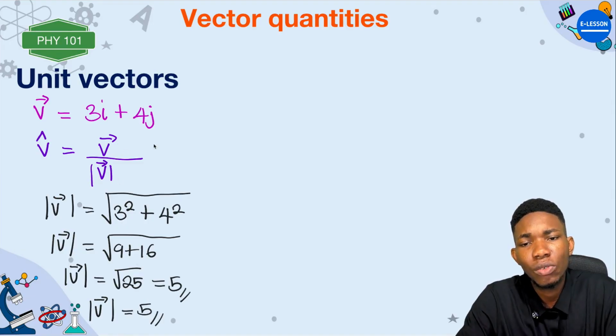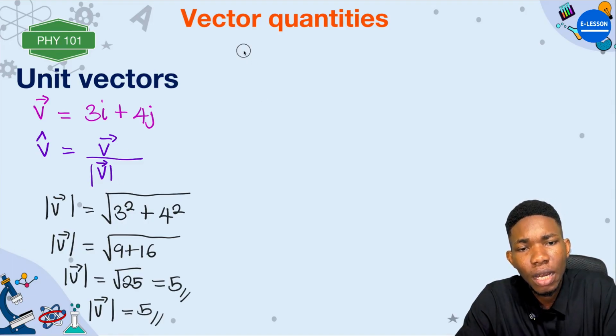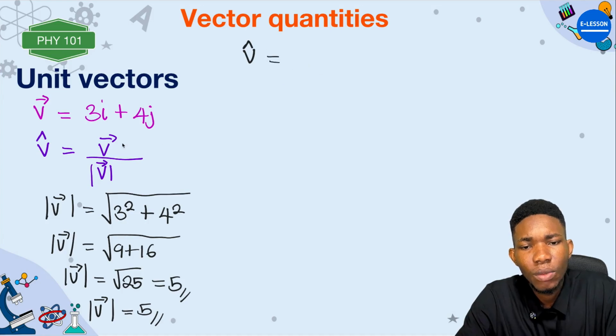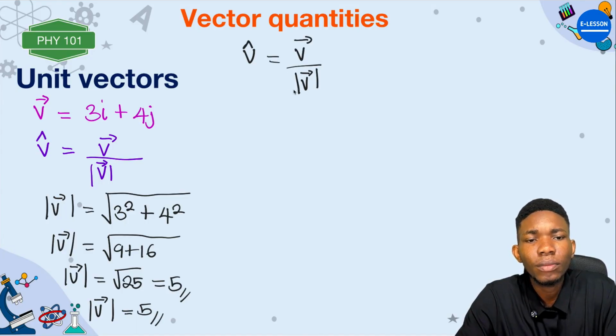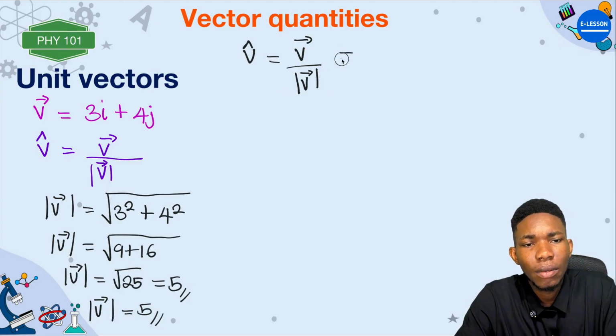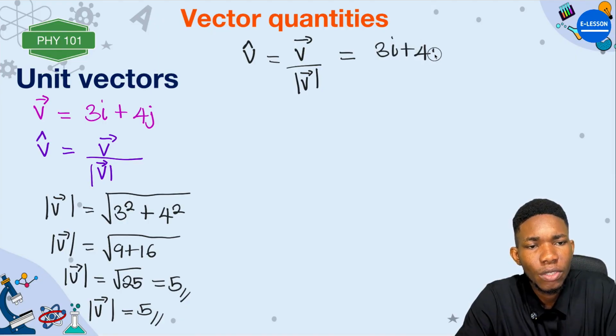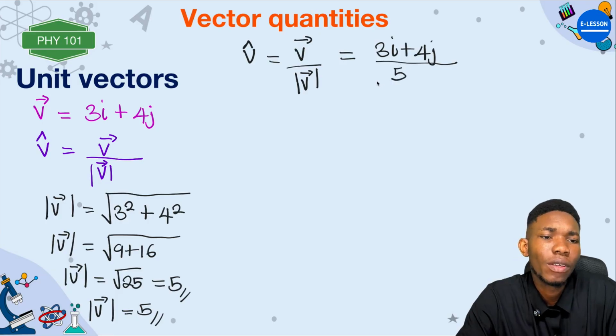So what do you think will be the unit vector? The unit vector now, which is v with hat, we say the formula is this one divided by the magnitude of v. All right? Now, this is 3i, which was given, plus 4j, divided by the magnitude of v, which is 5.